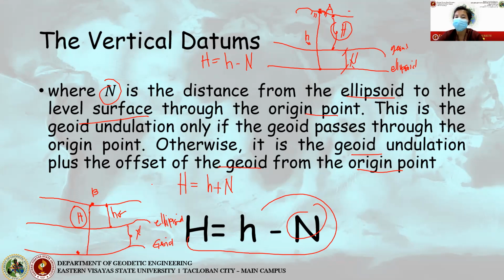Just take note where the location of that geoid is. In this example at the bottom, the N is negative, because the geoid is below the ellipsoid.